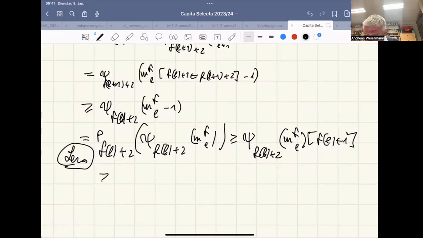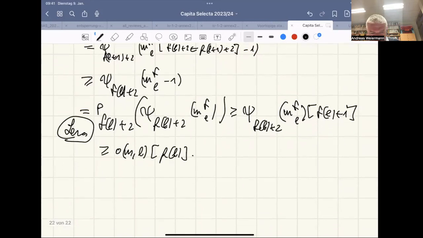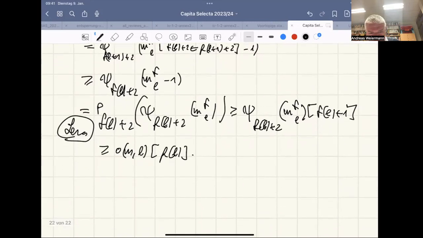So this is at least as big as O of ML at argument f of L. So what do we have? O of ML by induction hypothesis is at least as big as beta L.